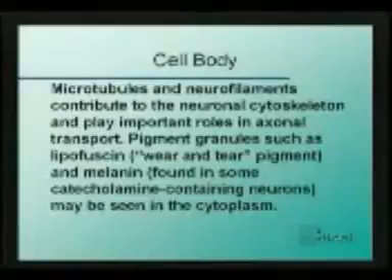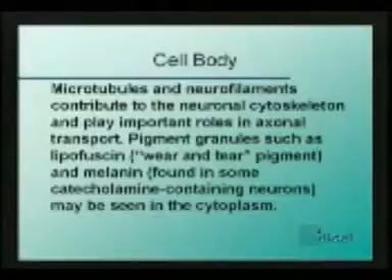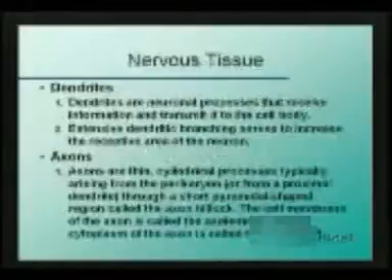And in many cases, neuron cell bodies may be pigmented in the form of containing either lipofuscin or melanin pigments. Melanin pigments are particularly distinct in neurons that are producing catecholamine-based neurotransmitters such as dopamine and norepinephrine.